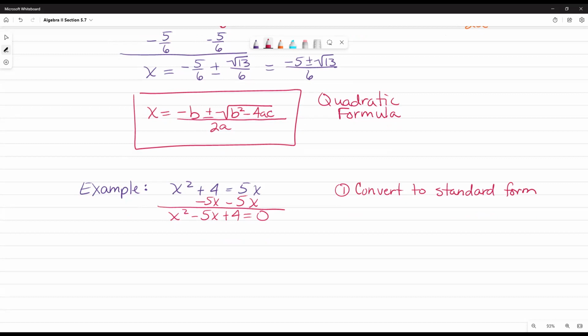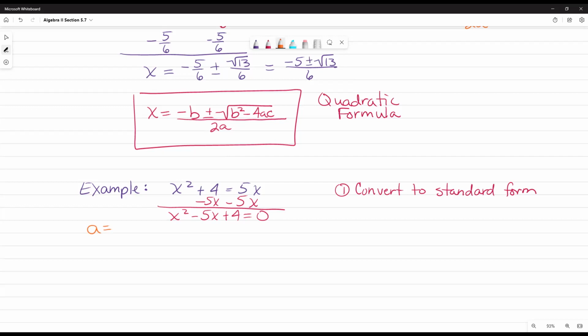Okay. So what's my A? 1. Yes, but no, right? A, B, and C are the coefficients of your variable. Now this example right here is the closest thing to what you're going to be doing on a regular basis. Stay with me.